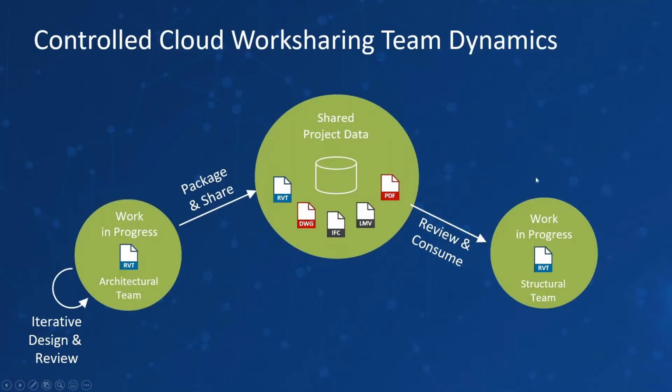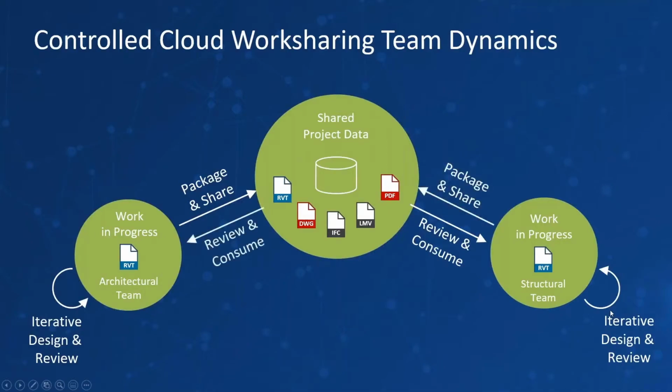Essentially, it means that from that point on, the structural team can use this design from the architects as a reference. They cannot open the file. I do want to be very specific about that. They cannot open the architectural file and work on it, but they can link it into their own design, do their own iterative design, and push it back as a package. Okay.